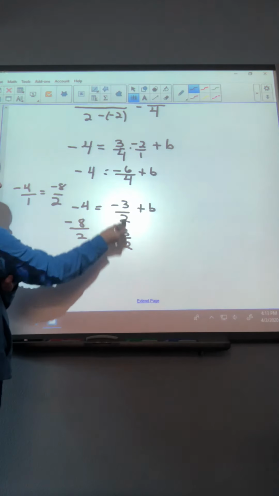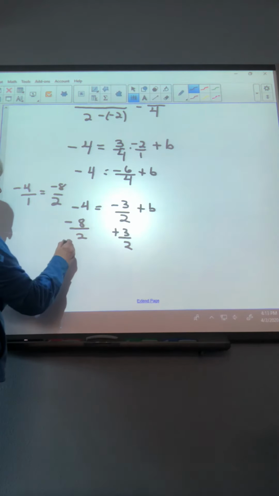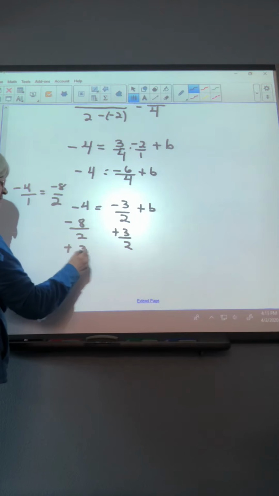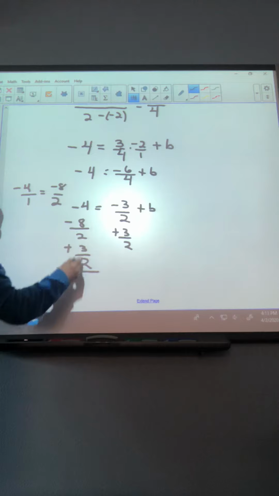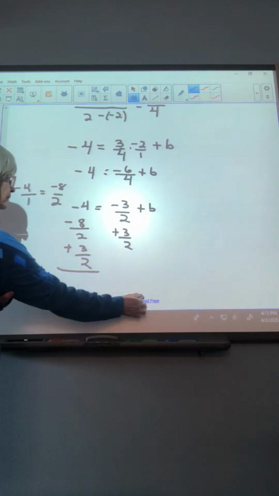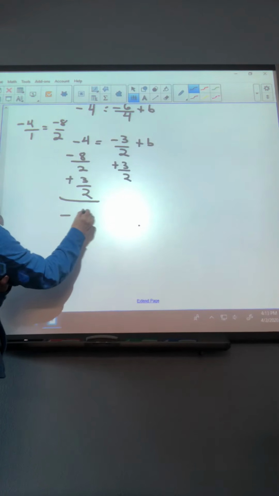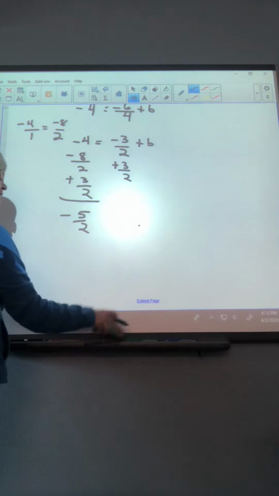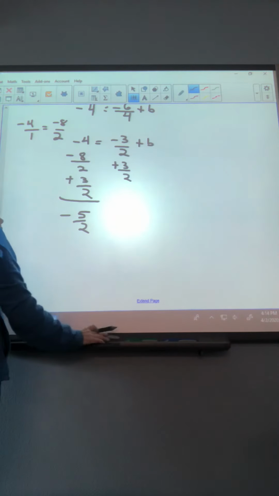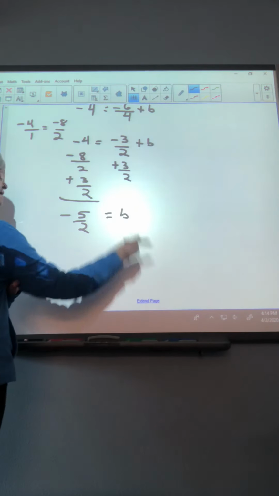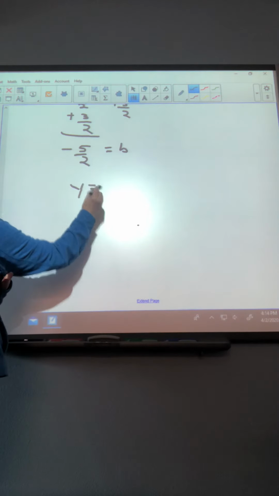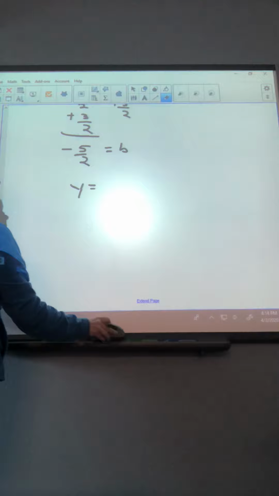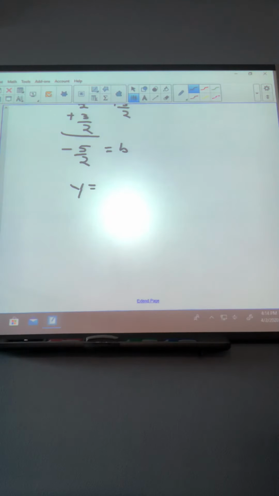Okay, so to get rid of this, I added 3/2, so I have to add the 3/2 on the other side. So a -8 plus the 3/2 is a -5/2, and so that's equal to b. So when I rewrite my equation, I write y is equal to, our slope, I think, was 3/4.